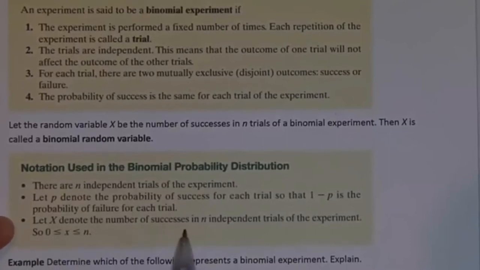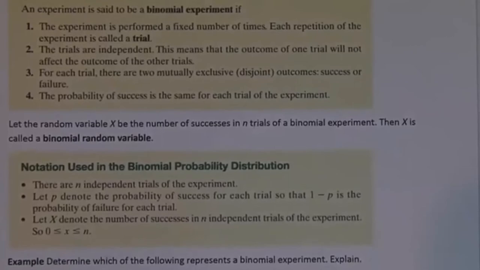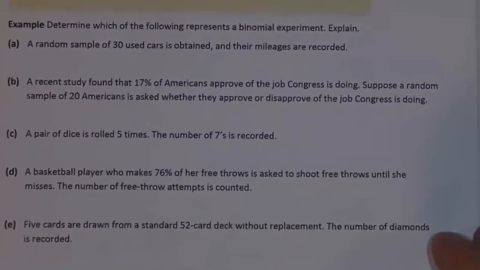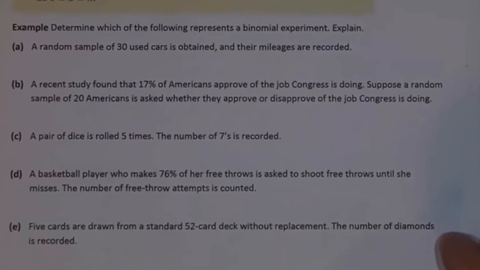Let x denote the number of successes in n independent trials of the experiment. So x, the number of successes, is going to be something between 0 and n, whatever n is. So it can range from 0 to the number of trials. So this is kind of a trickier question than I intended for it to be.